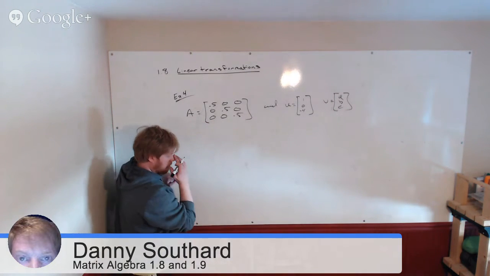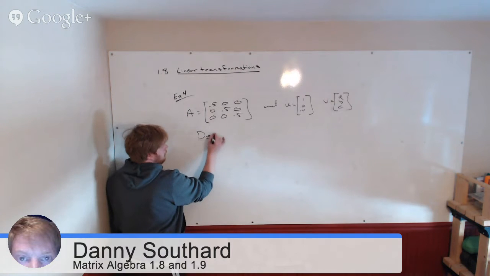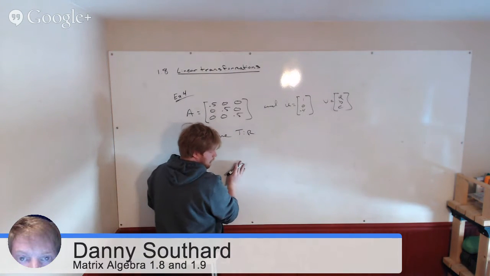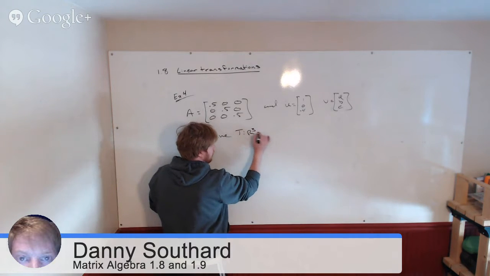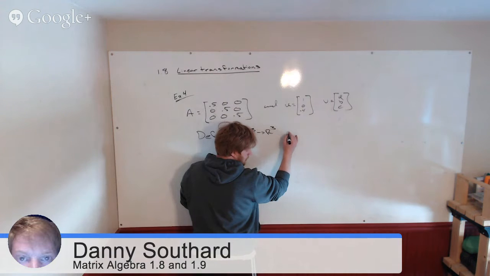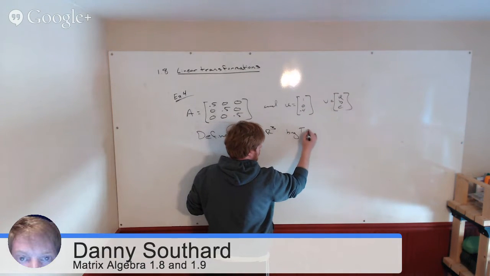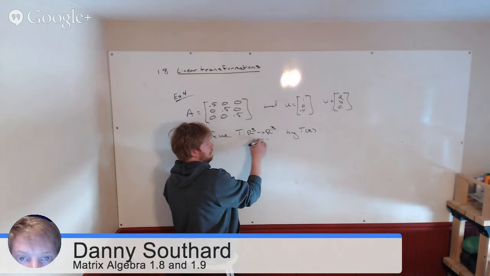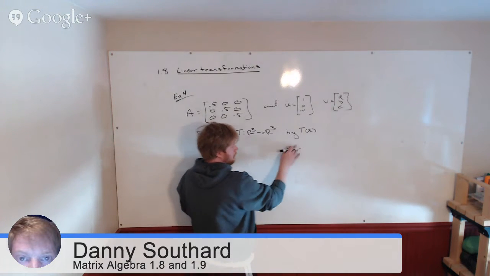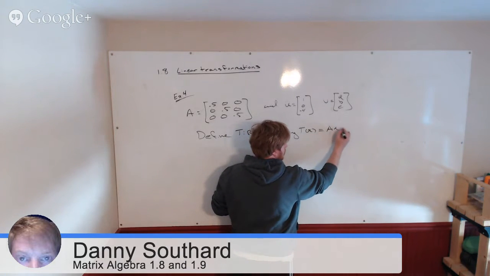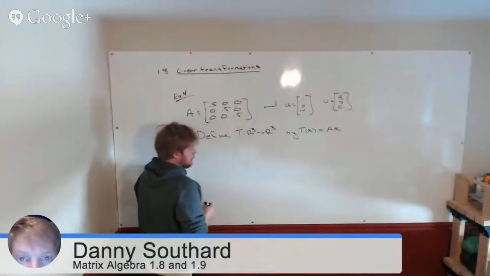We will define the mapping T from R3 to R3 to be the linear transformation T of x, which is multiplication of A by x, okay?